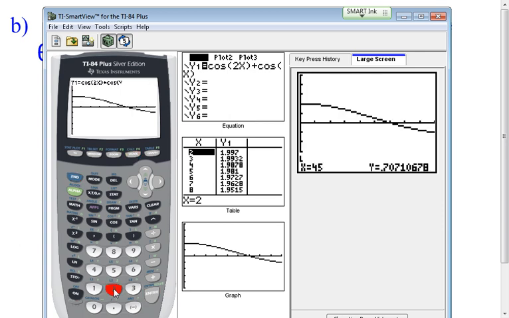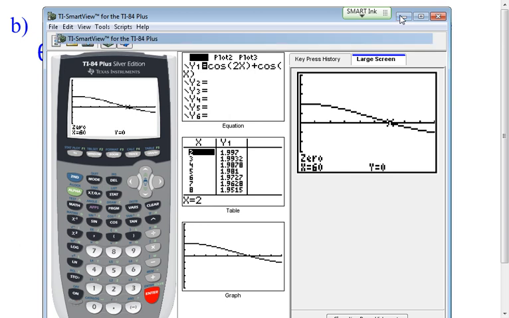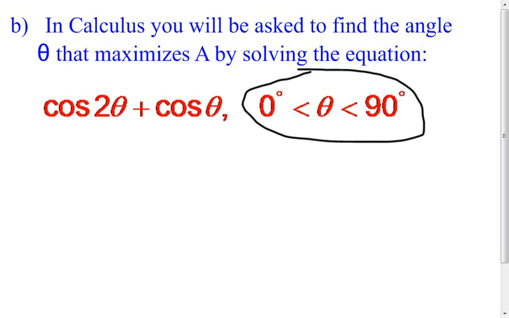Number 2, zeros. Left bound. So I want my cursor a little bit left of the intersection point. Hit enter. A little bit right of the intersection point. Hit enter. And right on the intersection point. Hit enter. And again, I will get 60 degrees. Okay? So that should do it for you.